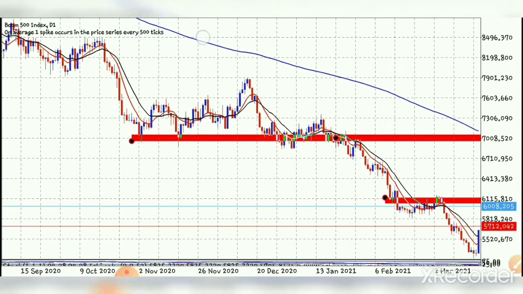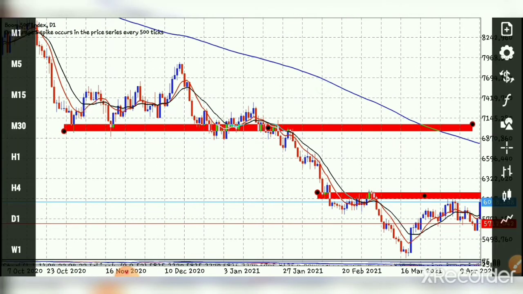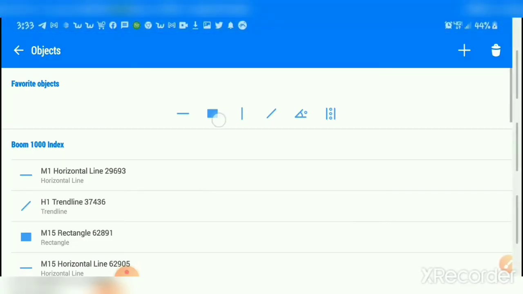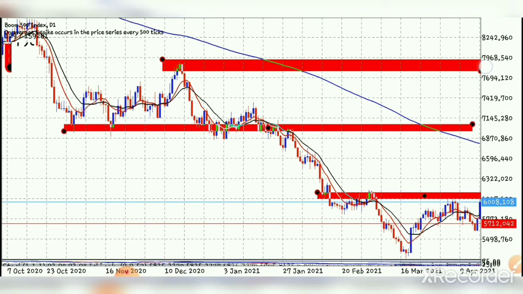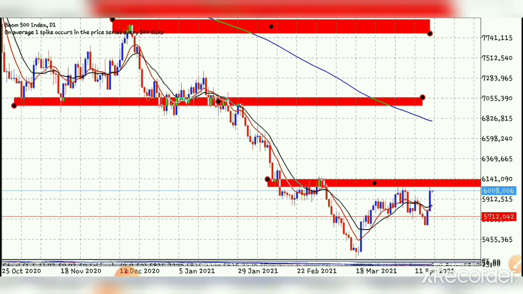So the major reason why we identify zones is so we can use it to maximize our entry, or if you have been on a trade before, you can use it to take out our profit in order not to lose our money.